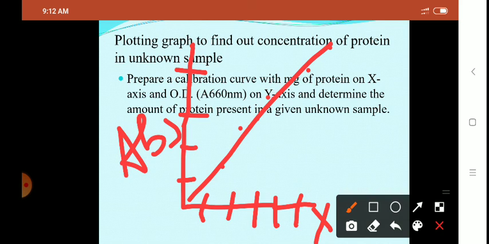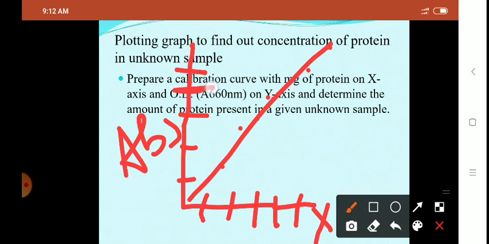Now, as far as the unknown sample tubes are concerned, the tube labeled T or test, you don't know the concentration of protein. What you know is the optical density, the absorbance, because you have measured it. Say, for example, the absorbance of the unknown sample was 0.35.